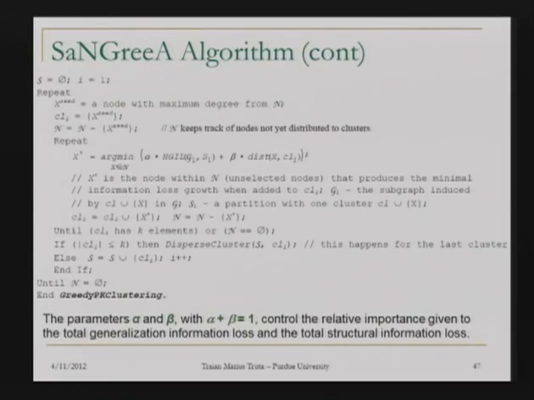If we look only at the structure, beta will be 1 and alpha will be 0. If we want to use both, we use a value in between. And then we keep going until we have k elements. For the last cluster, we may be left with fewer nodes than k. We disperse these into other clusters to optimize again the information loss growth.